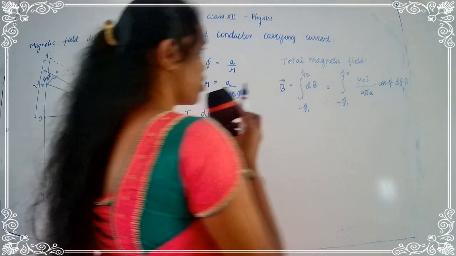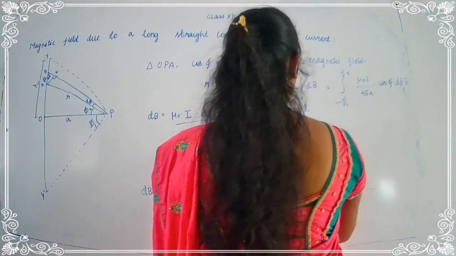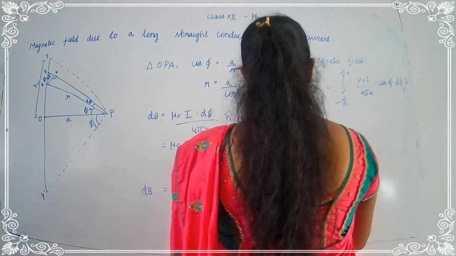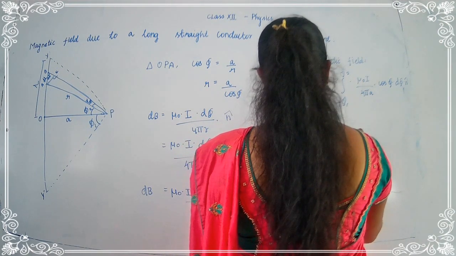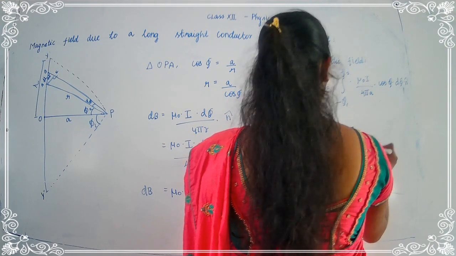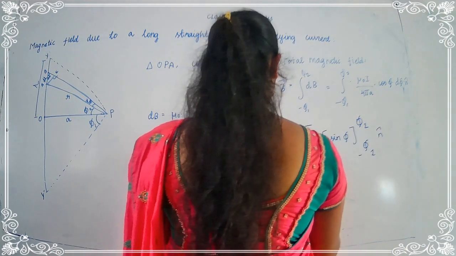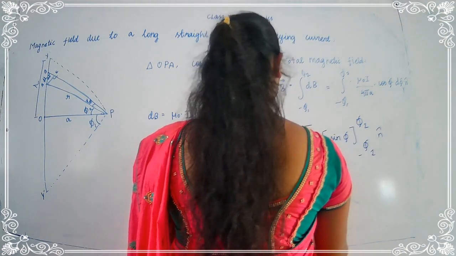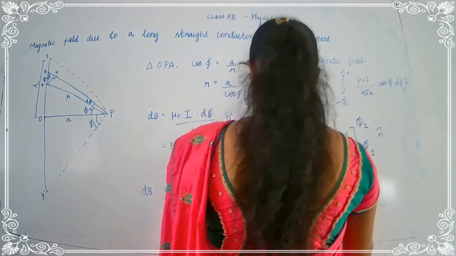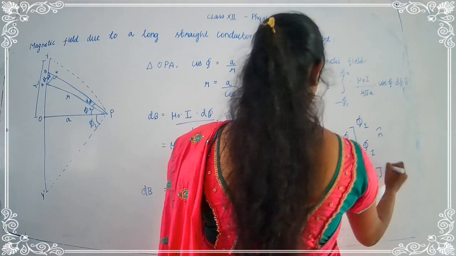Now, cos phi is integrated to, take the common term outside, mu naught I by 4 pi a. Cos phi is changed to sin phi. Now, the lower limit is minus phi 1, the upper limit phi 2. Substitute it here: mu naught I by 4 pi a into sin phi 1 plus sin phi 2, that is n cap.